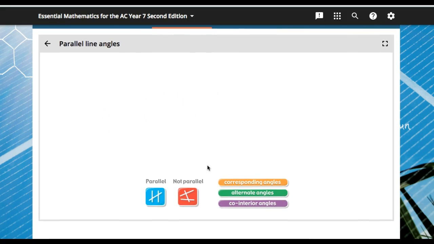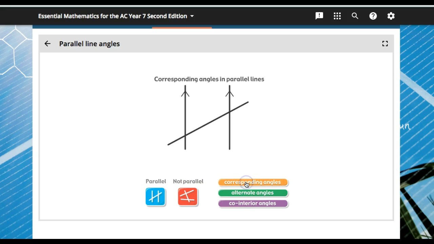You can actually just see a visual of these angles working. So even though we've got diagrams here, actually seeing how they work can be helpful. Okay, so here are parallel lines, corresponding angles. So if you press on that, you can actually see how they're the same. Okay, so it's going to go through every corresponding angle.